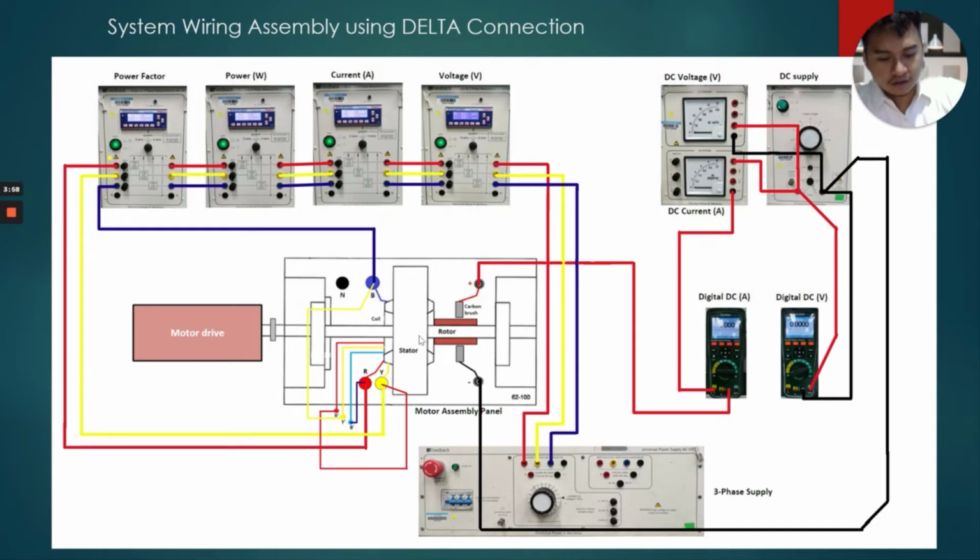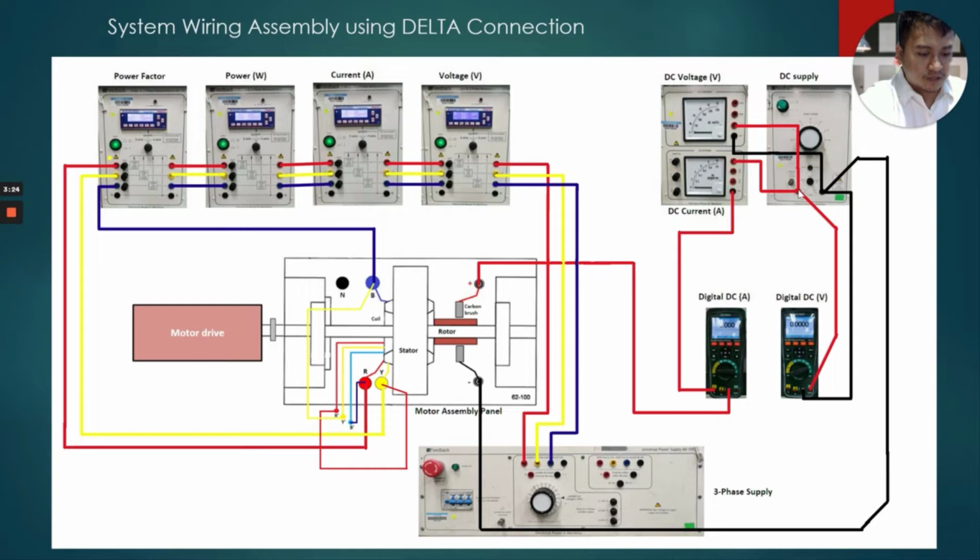Okay, then from the rotor, it will connect only to the red line. It will connect to the digital DC ammeter, and it will connect to DC current, and from DC current it will connect to the DC supply.